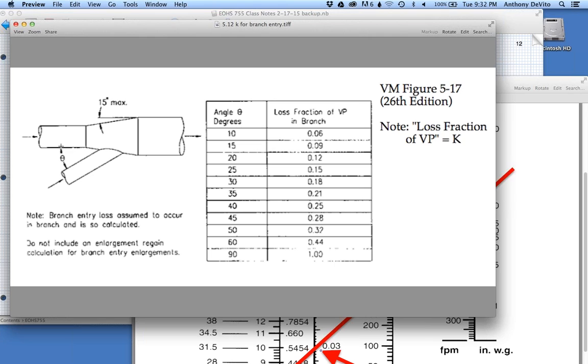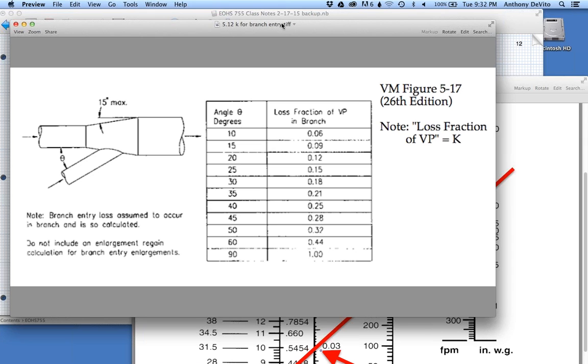So this angle is important to us. The closer this angle is to zero, the less frictional, the less conflict we have with the mainstream of air. The bigger the angle that goes in here, the more frictional losses we're going to have that lose static pressure for us.